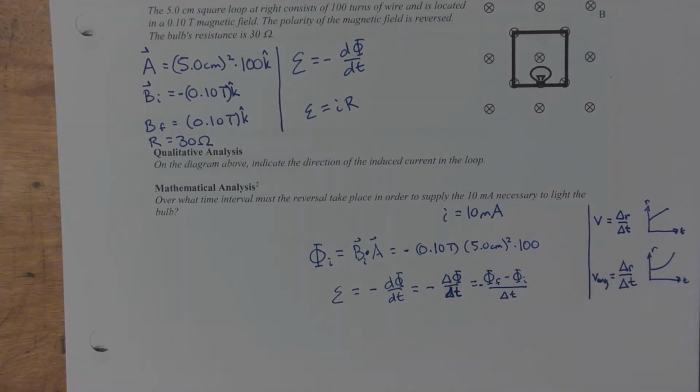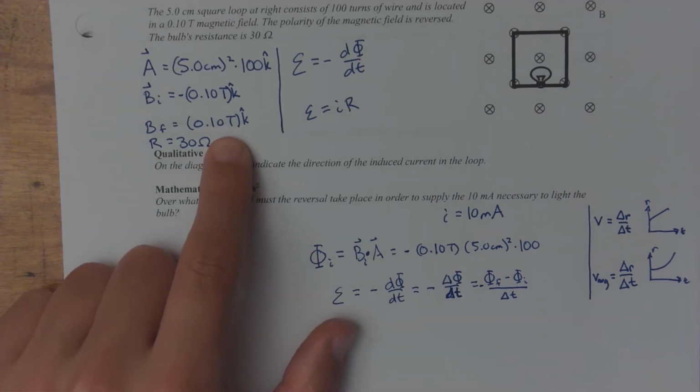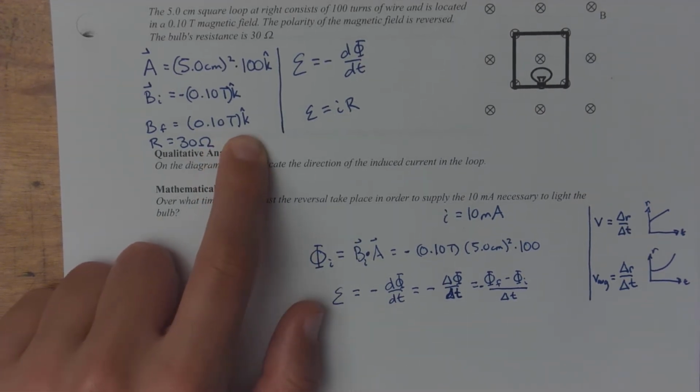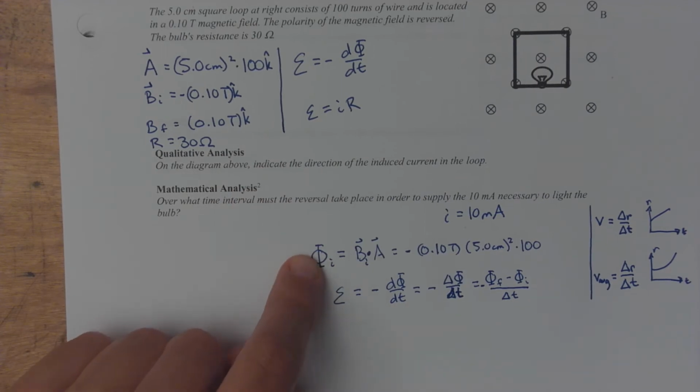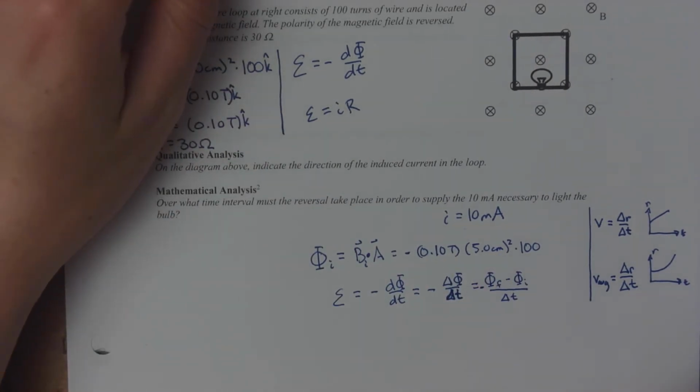I have the initial flux here. What's different with the final flux is just the sign, right? Because it has the same magnitude, but now it's pointing in the k hat direction. So the final flux would be the same thing, but it would be positive.